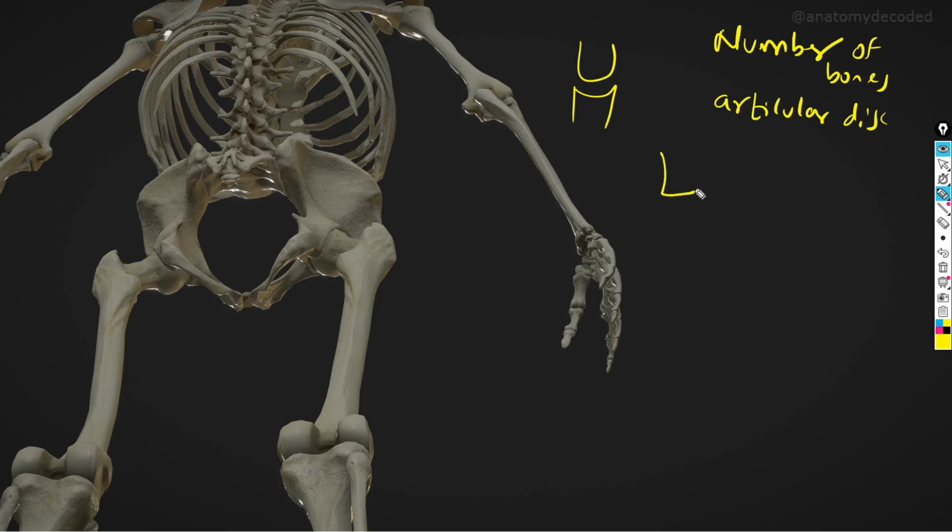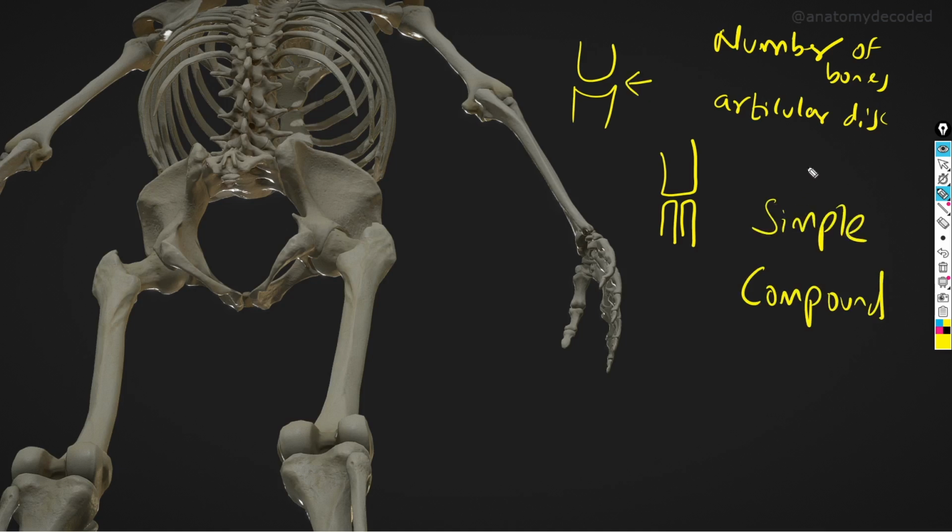But if three bones are articulating to form a joint, for example the elbow joint, where the upper part is humerus, then radius and ulna, that kind of joint is referred to as a compound joint. When two bones are articulating, it is referred to as a simple variety of synovial joint.